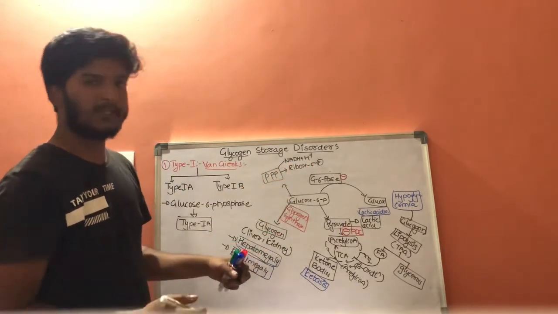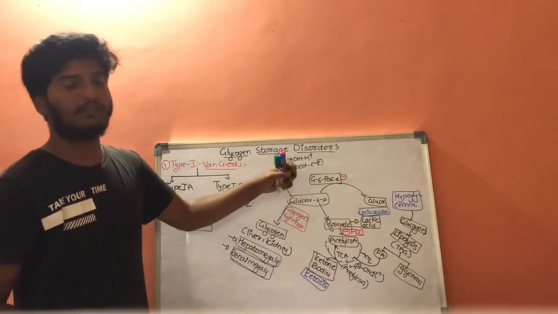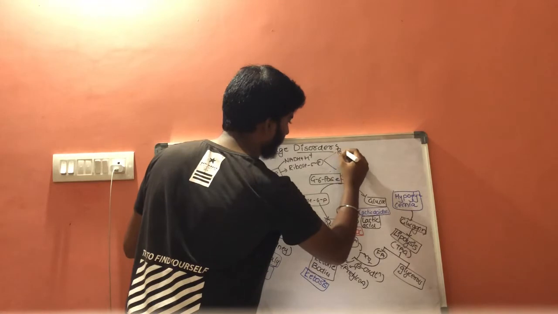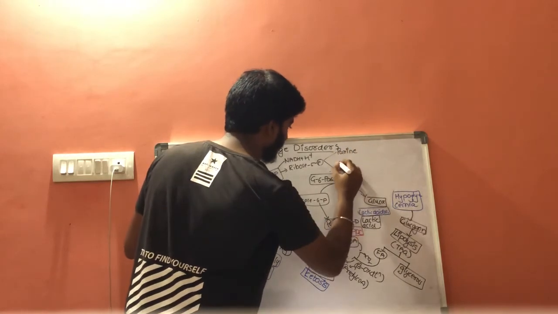Now this ribose 5-phosphate is responsible for production of purines and also pyrimidines.